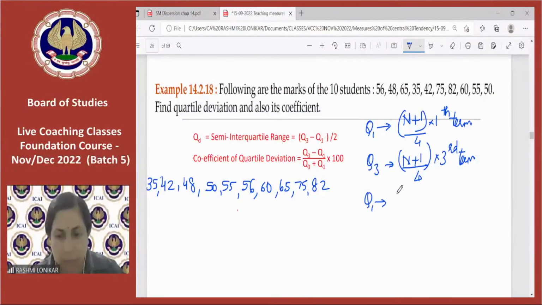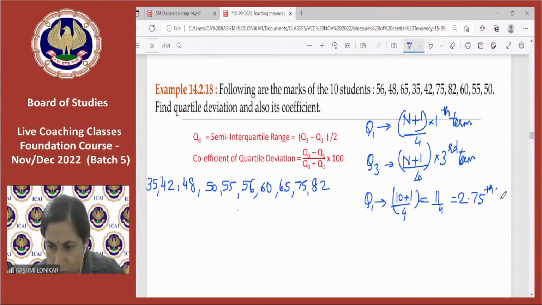There are 10 numbers, so this is (10 plus 1) upon 4 into 1. So this is 11 upon 4, which is equal to 2.75. And for Q3, what do I get?